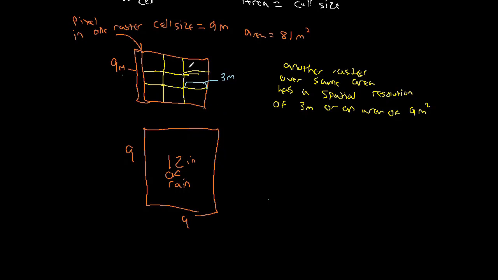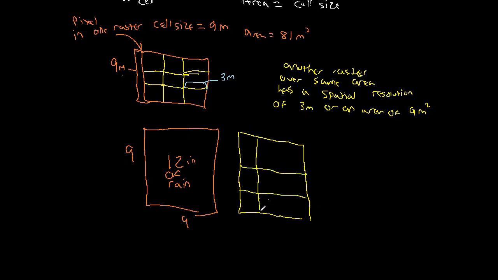Well, that's where having a higher spatial resolution raster comes in. Because if we cover that exact same area with a higher spatial resolution, we now have 9 pixels covering the same area of 1 pixel because this is a 3 meter. And so maybe we find out, oh crap, there's actually no rain here, 6, 5, and 1.